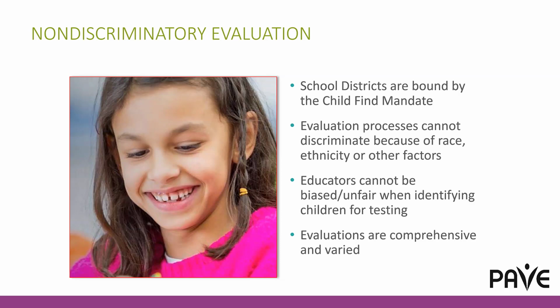If a student speaks Spanish, she gets tested in Spanish. An unbiased approach also requires that schools gather information from different sources using a variety of instruments and methods. A single measurement, such as an IQ test, doesn't fulfill this requirement. Next slide, please.